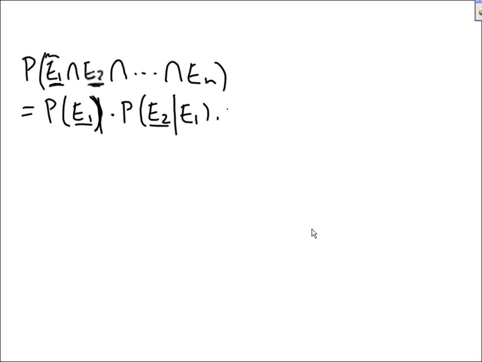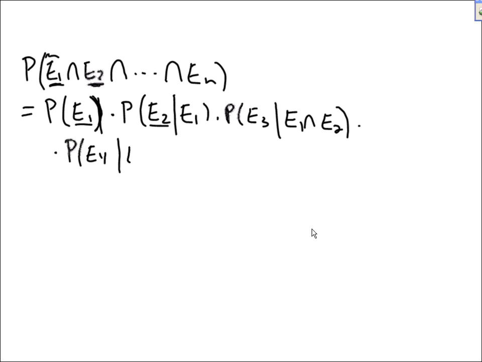E1, E2, now E3. The probability of E3, given the ones before. Before E3 is E1 and E2. Intersect them. Times, I'll continue down here, the probability of E4, given the intersections of the ones before.